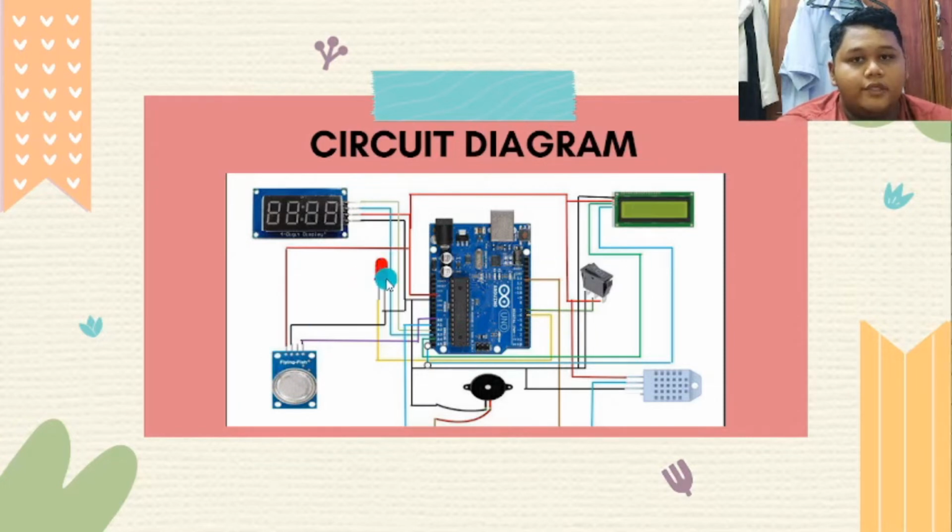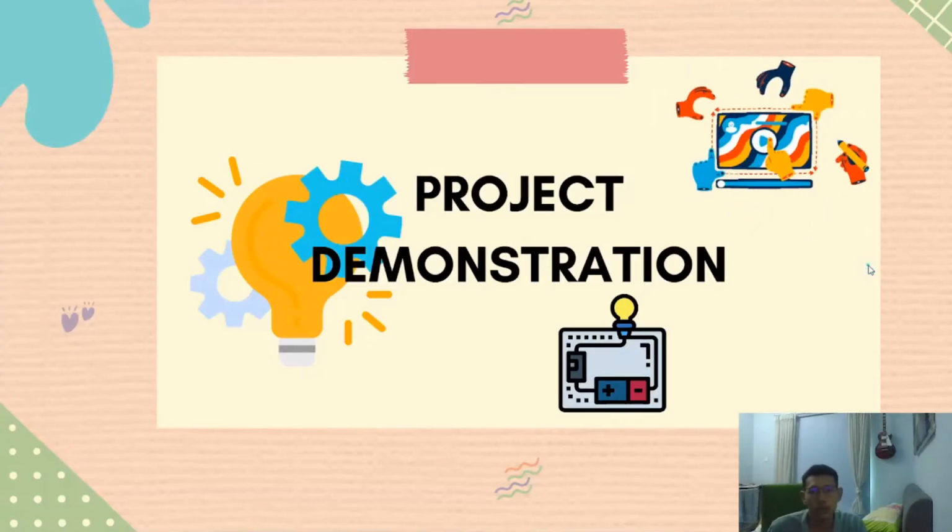Here we use the LED, buzzer, a switch for the silent button, LCD, and for the temperature sensor we use DHT22. Okay, that's all for my part. Thank you. Assalamualaikum warahmatullahi wabarakatuh.